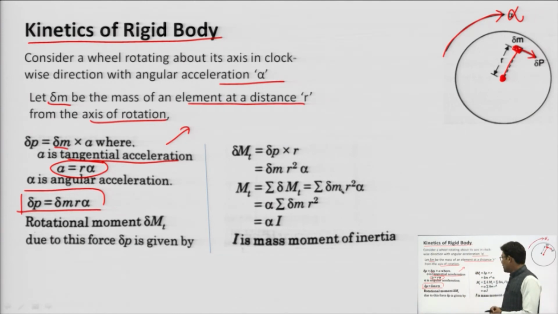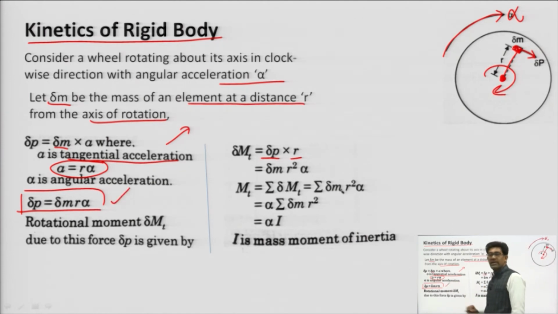If we want to find the rotational moment about its axis due to this small element del m, it will be del p into r. Putting the value of del p, we get del m r square into alpha.